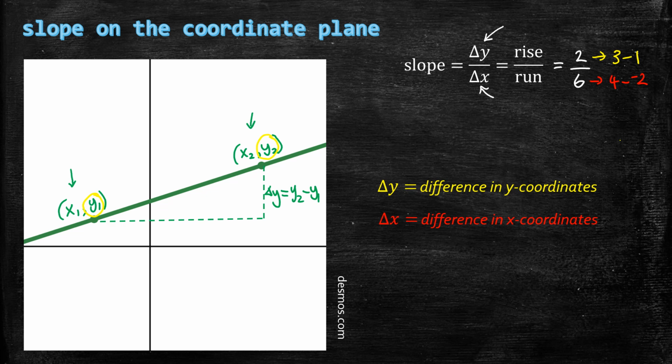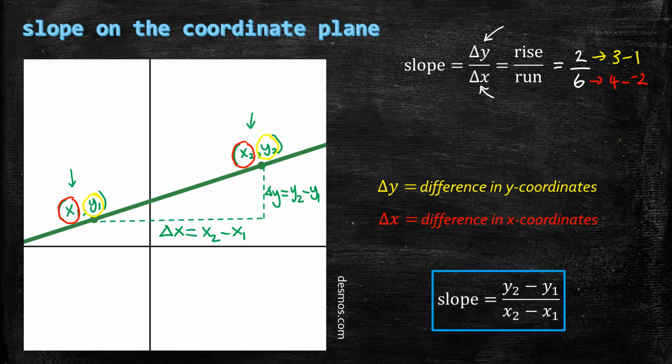And in terms of horizontally, delta x, what is the horizontal change? Well, it's a difference in the x coordinates. So this x coordinate is x2, this is x1. It doesn't matter if one or both of them are negative, it would still work out. And so delta x will be x2 minus x1. And that leads us to the general formula for the slope between 2 points on the coordinate plane. It's the ratio y2 minus y1 over x2 minus x1.